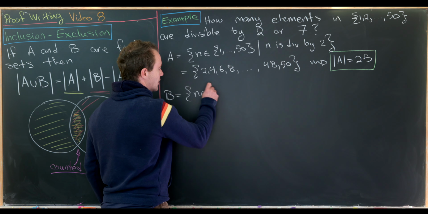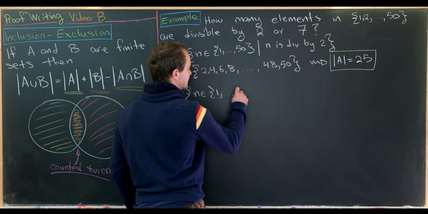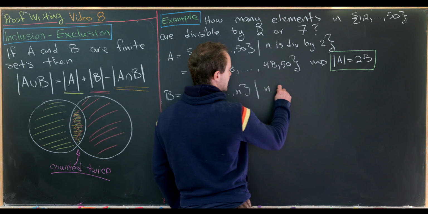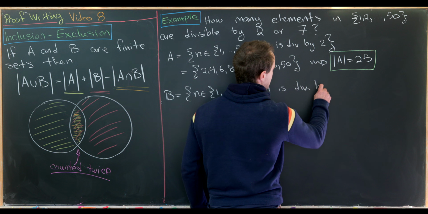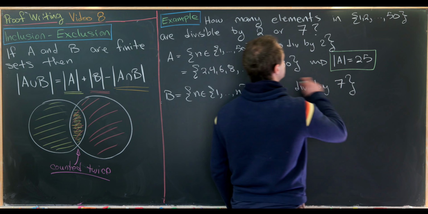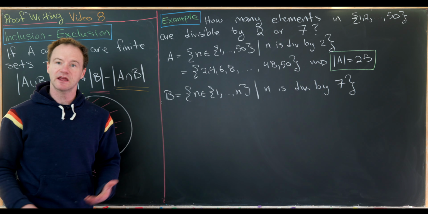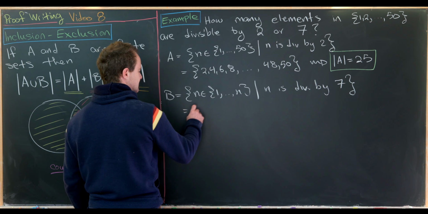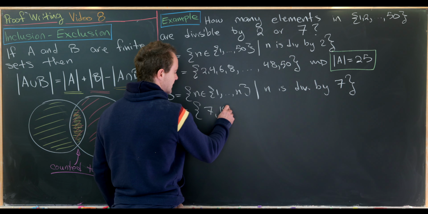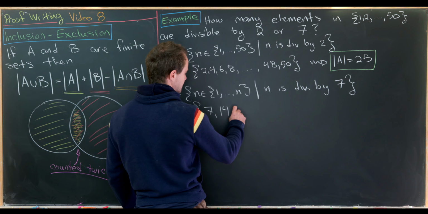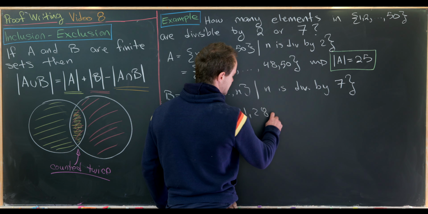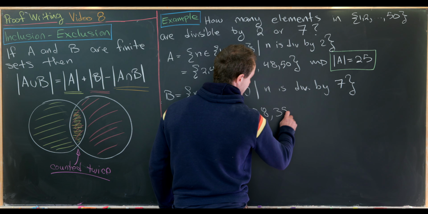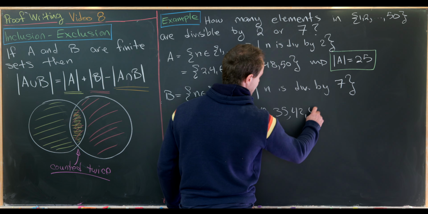B is going to be all elements in this set such that n is divisible by 7. So that's our definition there. Again, we can enumerate this pretty easily as well. We have 7, 14, next would be 21, then 28, then 35, then 42, and then 49.